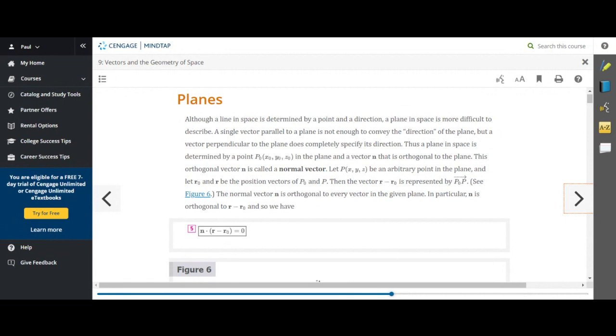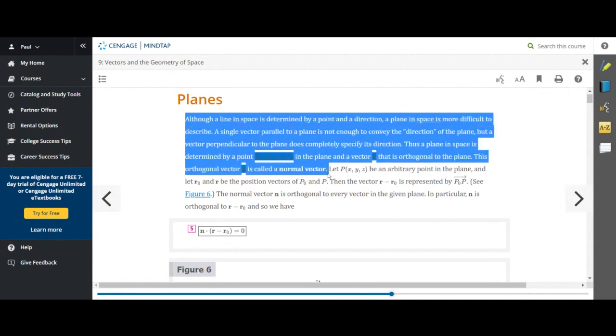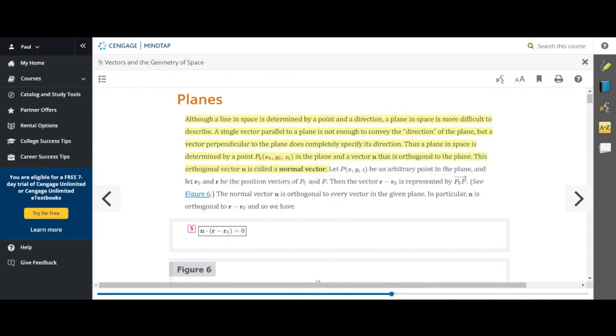They mention right in the introduction here that although a line in space is determined by a point and a direction, a plane in space is more difficult to describe because a single vector parallel to a plane is not enough to convey the direction of the plane, because the plane is a two-dimensional entity in three-dimensional space. However, if we had a vector perpendicular to a plane, then that will completely specify the direction of a plane.